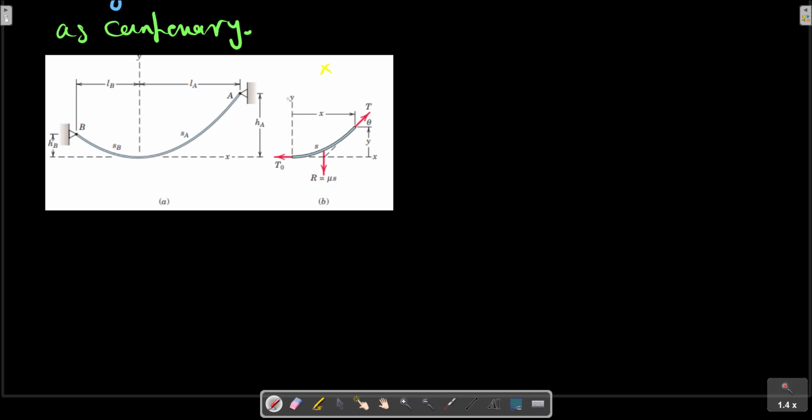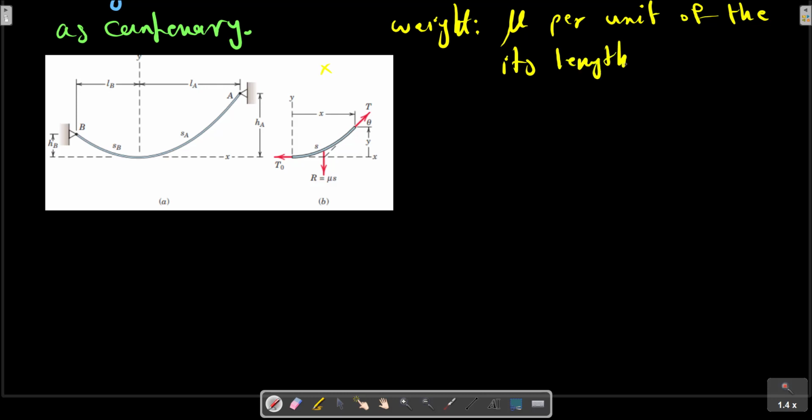If the cable has a weight mu per unit of its length, the resultant R of the load is mu S, and the incremental vertical load in the distributed forces is replaced by this force.